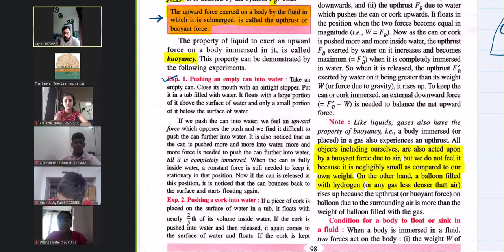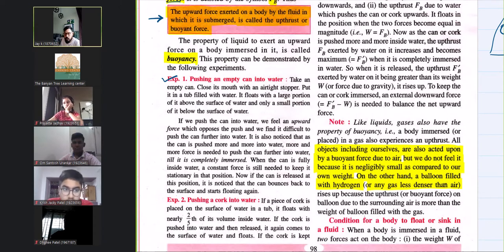If you apply force on it, only then it gets submerged. When the empty can is submerged, you have to keep on exerting a force on it in the downward direction. This force which you are exerting is against the force which water is exerting on the can in the upward direction. So, your force is against the upthrust of water.